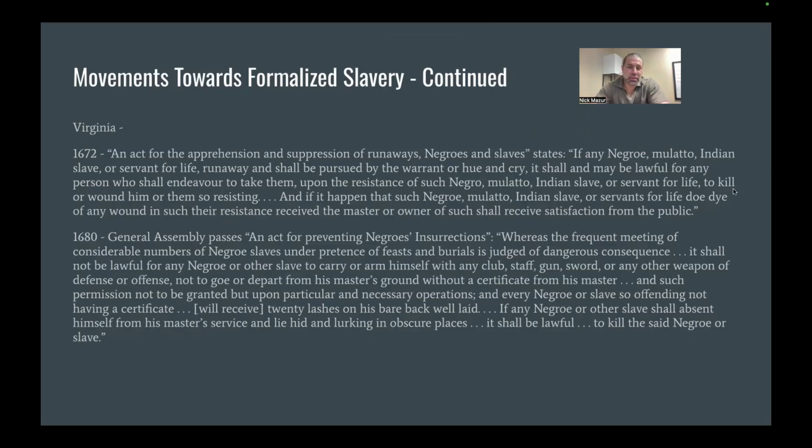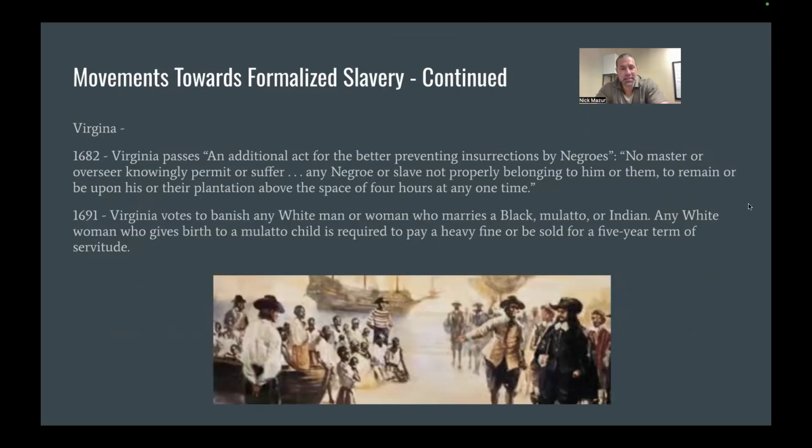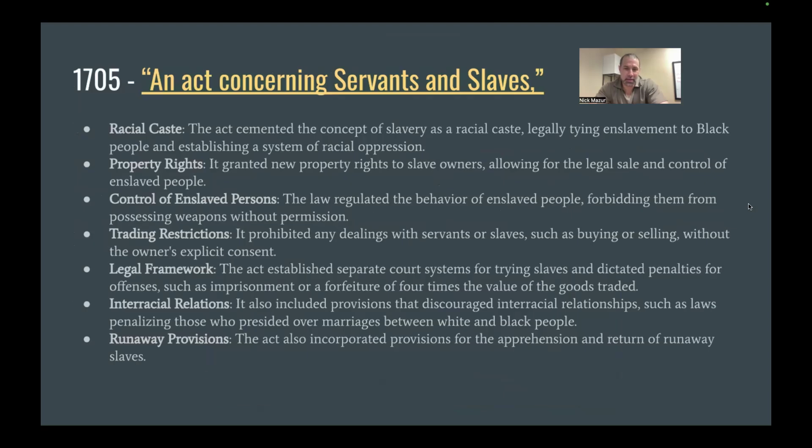And so that's very crucial to understand, because when we look at formalized slavery, when we look at how these systems develop, what are the punishments? What are the legal frameworks? What are the rules, right? We begin to see how this is very different from old world slavery.